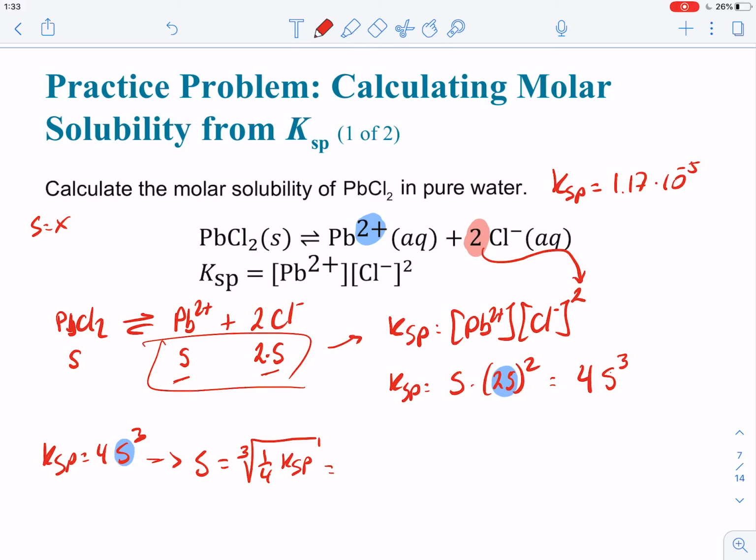And this is going to be equal to the cubic root of 1/4 times 1.17 times 10 to the negative 5. And this is equal to 0.0143. And this is going to be molar. So the solubility, the molar solubility of lead chloride is equal to 0.0143 molar. Okay?